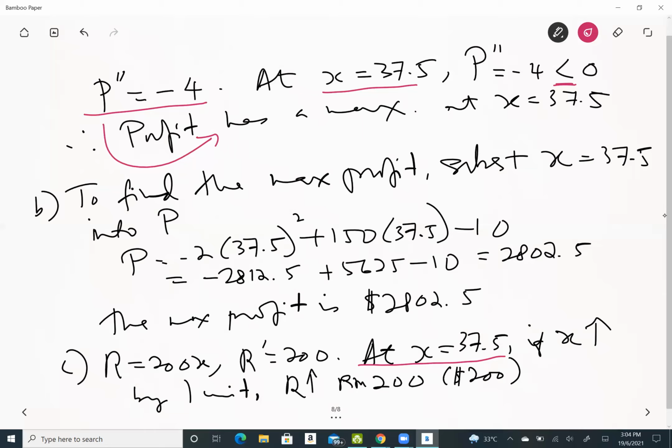And there are a few people who say that marginal revenue is 200. Of course, that is marginal revenue, but we want to describe it, okay? Or some people say marginal revenue increases by 200, which is of course wrong, okay, because the increase is not the marginal revenue. The change is the revenue. Okay, so that is question number 4.